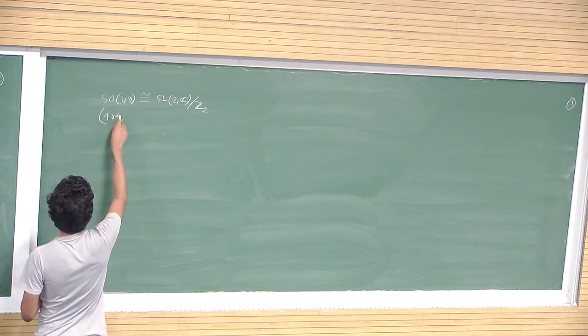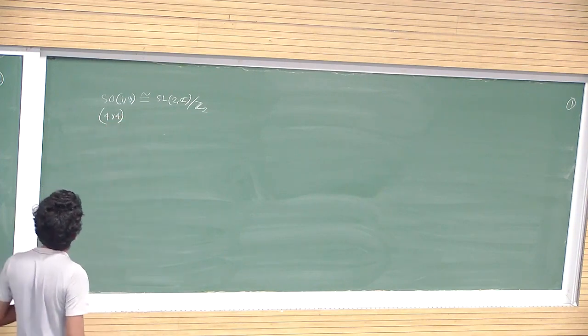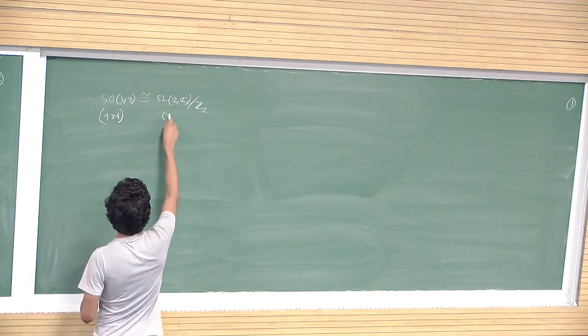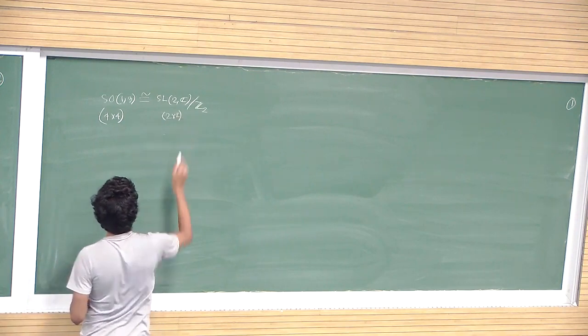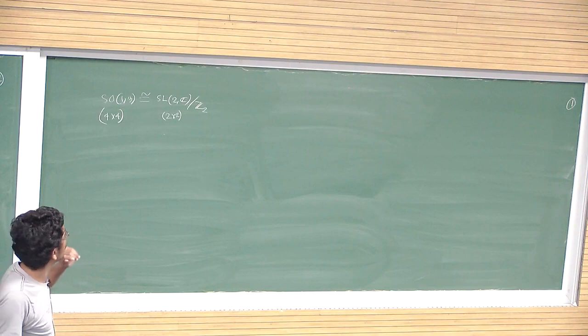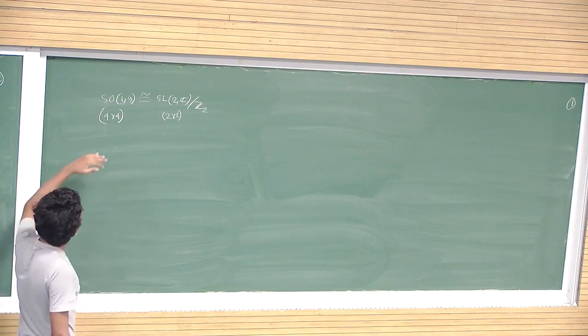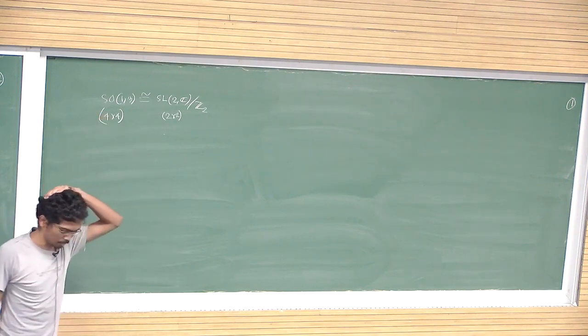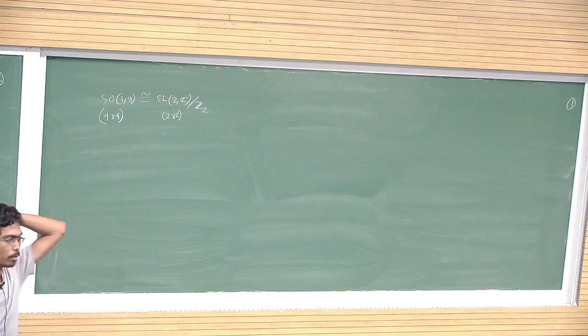So they are represented by 4x4 matrices, and they are represented by 2x2 matrices. Okay. And so now the basis that we talked about, they transform nicely under SO(1,3), but they don't have nice transformation properties under SL(2,C). Right?